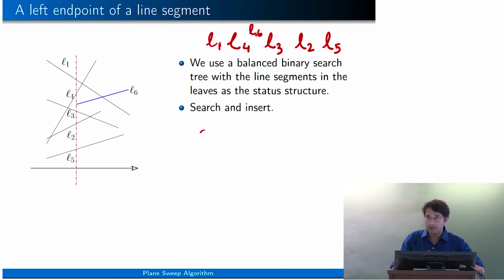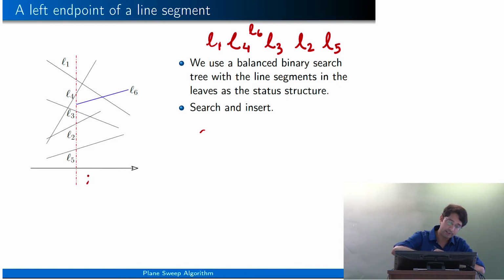If I tried to find out whether L6 intersects with L1, L4, L3, L2, L5, I would spend n square amount of time. Instead, I check only with L4 and L3, and it is not intersecting. What will I do next?